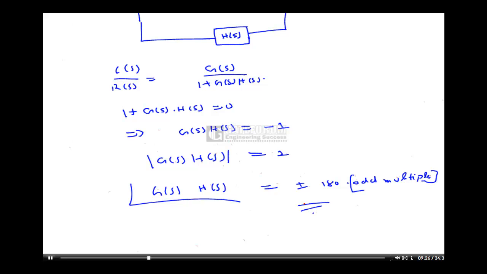This is for the root locus when the k value is increasing from 0 to infinity. There is another type of root locus, called the complementary root locus, which is for k value 0 to minus infinity.